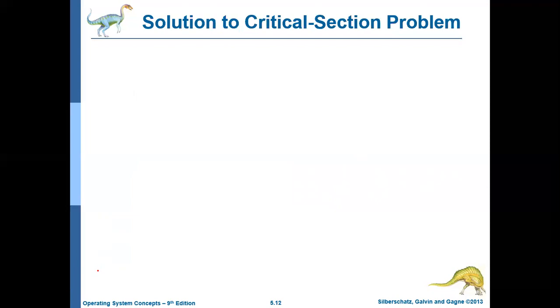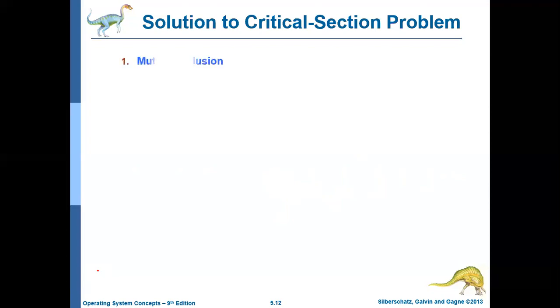Then let us discuss, if you propose a solution to a critical section problem, what should be the characteristics of the solution. How should we ensure that the solution is complete? Whenever we propose a solution to the critical section problem, we should ensure that three conditions are satisfied.